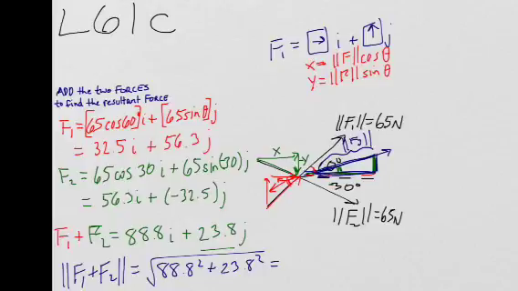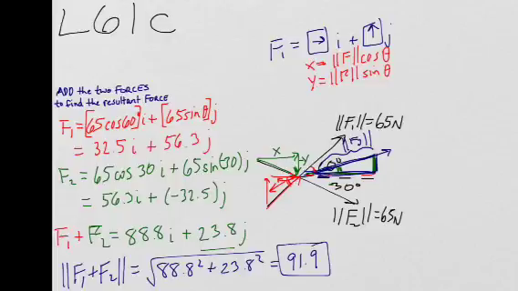I'll do the square root of 88.8 squared plus 23.8 squared equals, and it gives me approximately 91.9. And that's what we're really looking for. So that's the answer to this question.